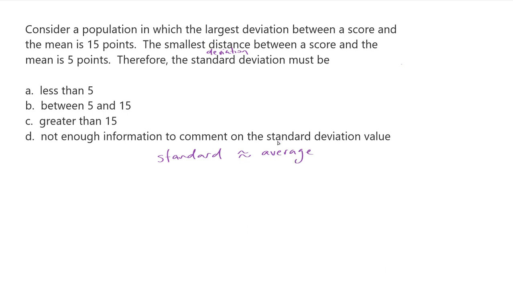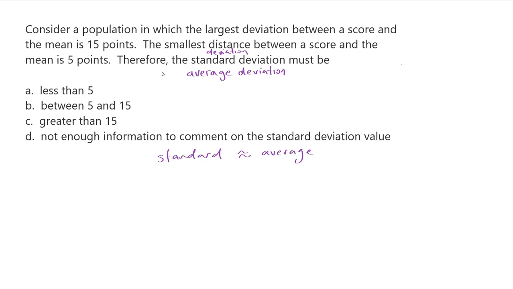So, for example, a standard deviation, even though it's not exactly or technically the same, is close enough to being the average deviation that you can think about it as an average deviation or an average distance between a score and the mean.